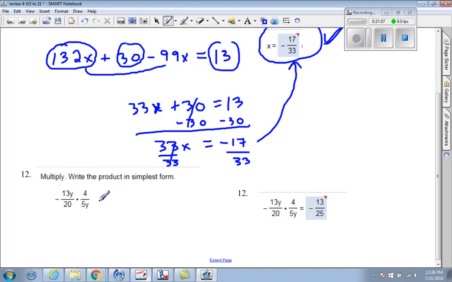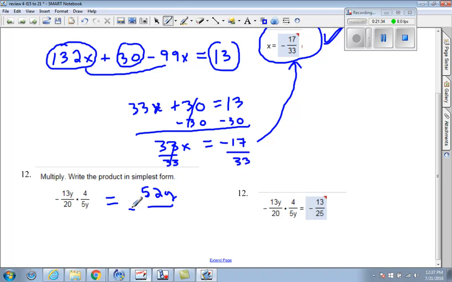Okay, we'll head to the next one, multiply. Now, we had said that when you multiply, it's perfectly legal to travel straight across. Let's do it that way, just for grins and giggles. You could also look for cross cancellation. So 13 times 4 would bring us to 52y.